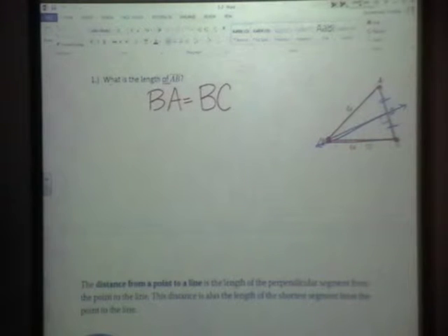So 4x minus 6x is -2. You want to get x on one side, and you want them on two separate sides.